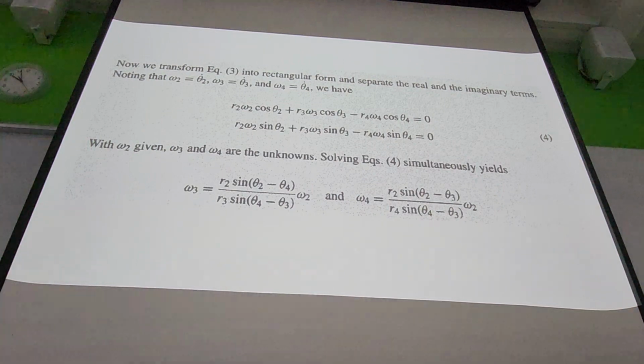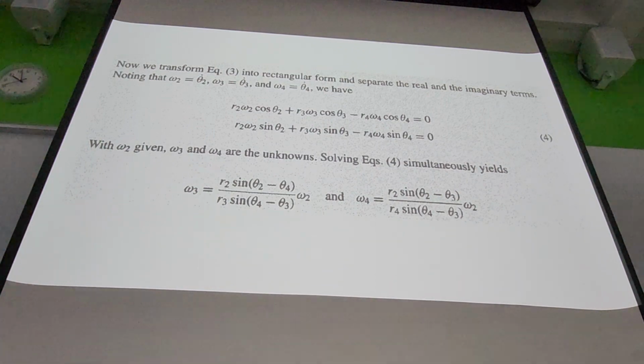Then from the equations you can write omega 3 and omega 4 in terms of omega 2, the angular velocity of link 2. From this expression you can calculate omega 3, angular velocity of link 3, and from this expression you can calculate angular velocity of link 4.